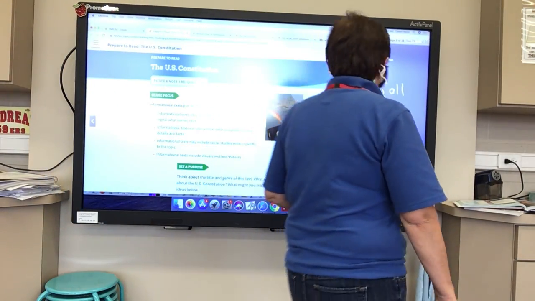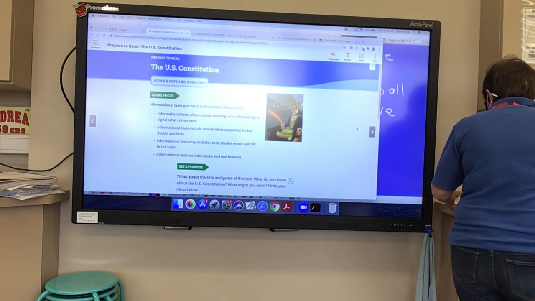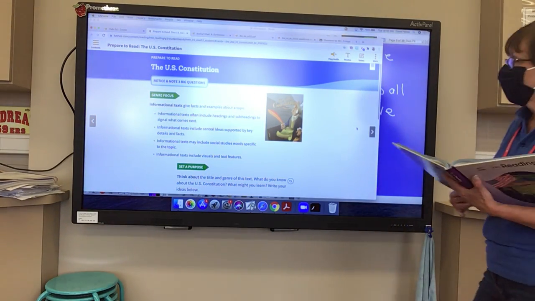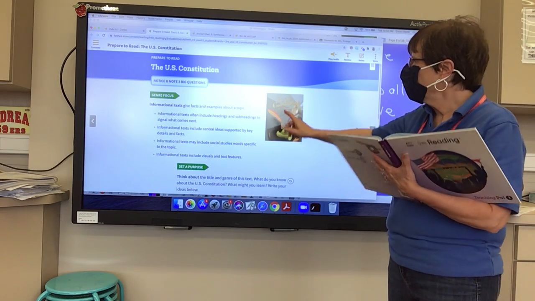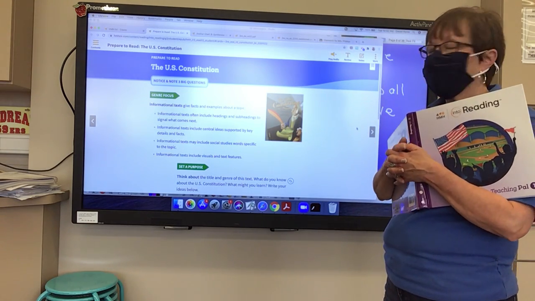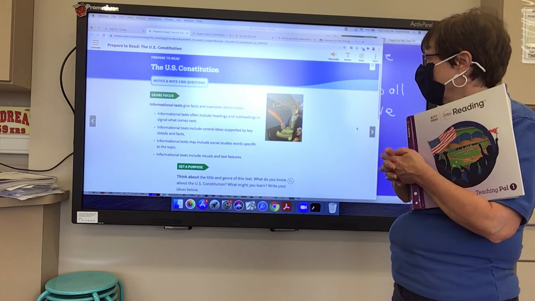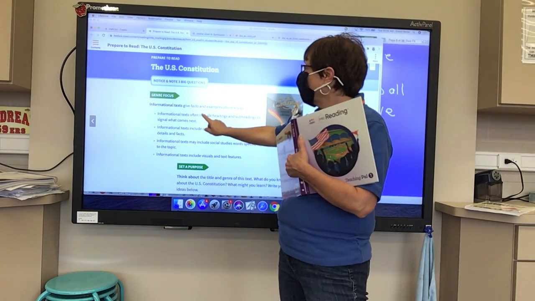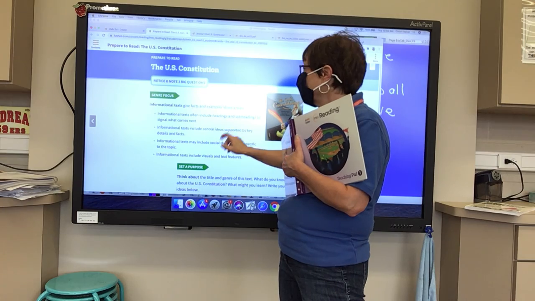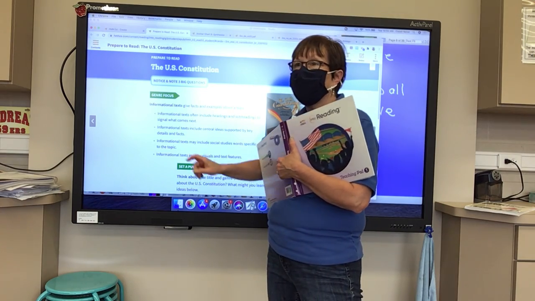We are going to be talking about our story, the U.S. Constitution. Now, boys and girls, our story is informational text. It gives facts and examples about a topic. Informational text often includes headings and subheadings to signal what comes next.